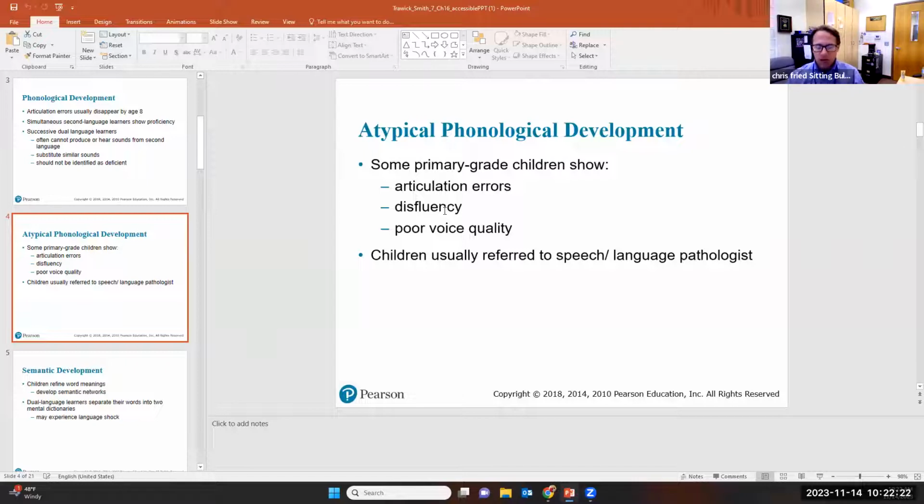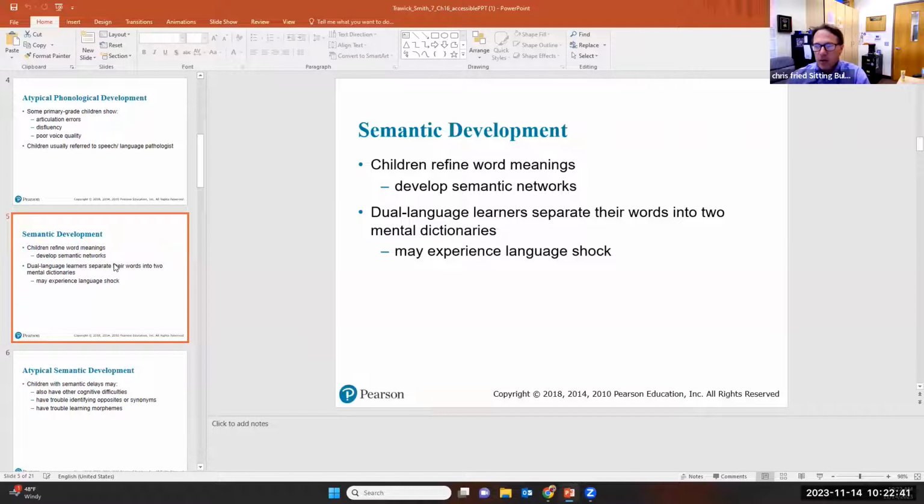They know the words, they're able to say them, but they're much slower and choppier. And then poor voice quality. If you hear some kids talking really softly, that would be an example of poor voice quality. If some of these components show up, typically a speech language pathologist would be referred to them to help take care of and practice some of those issues they're having.